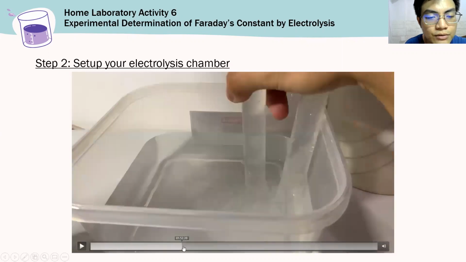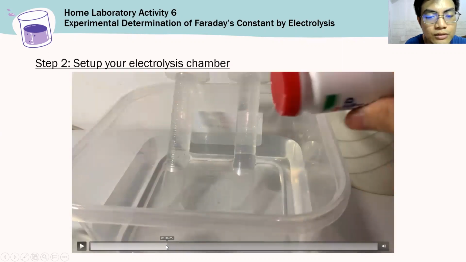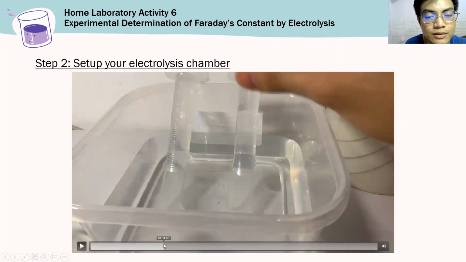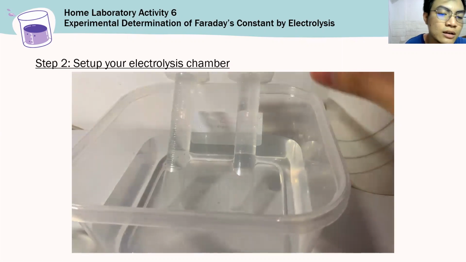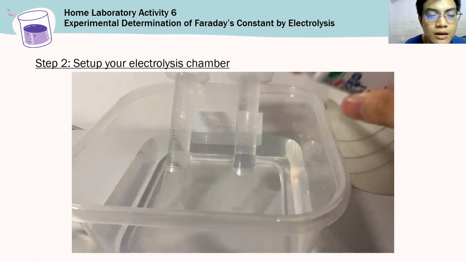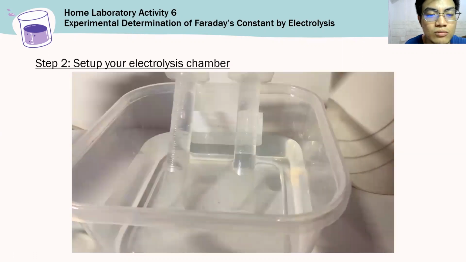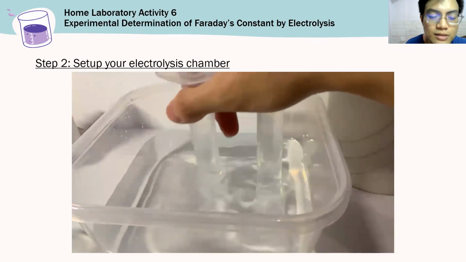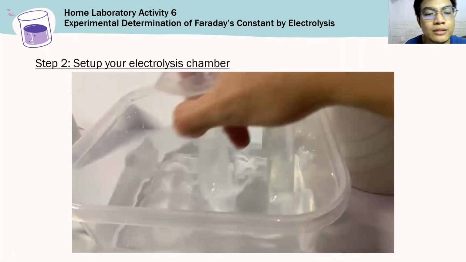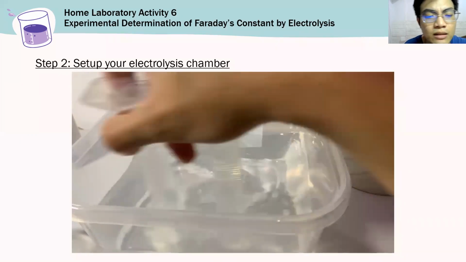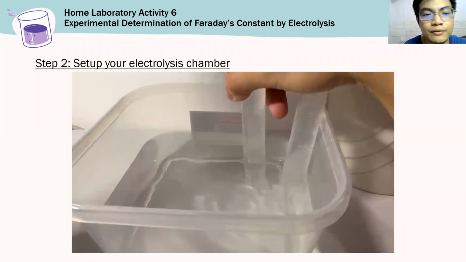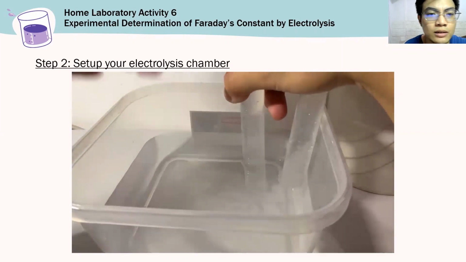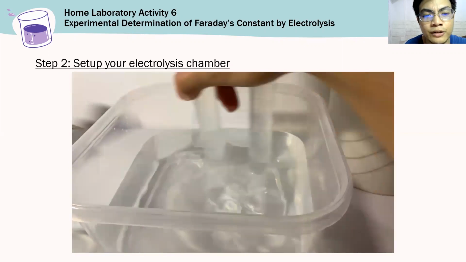Next thing is for you to add salt. There I added some amount of salt. I wasn't able to count how much salt I added, but I just added a considerable amount. The purpose of salt is to make the solution conductive, because without salt, the conductivity of water is very low.